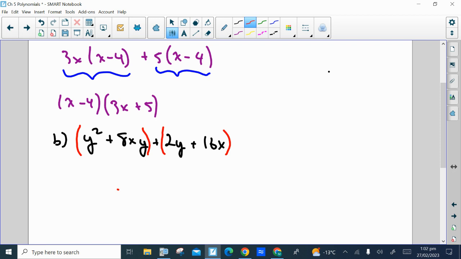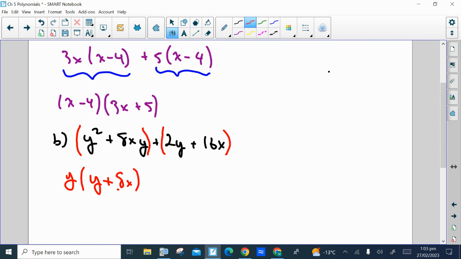The common factor is y. That is correct. And if you divide each term by that common factor, y squared divided by y is y. 8xy divided by y will give you 8x. So a common factor of y out of the first 2 terms gives us that.